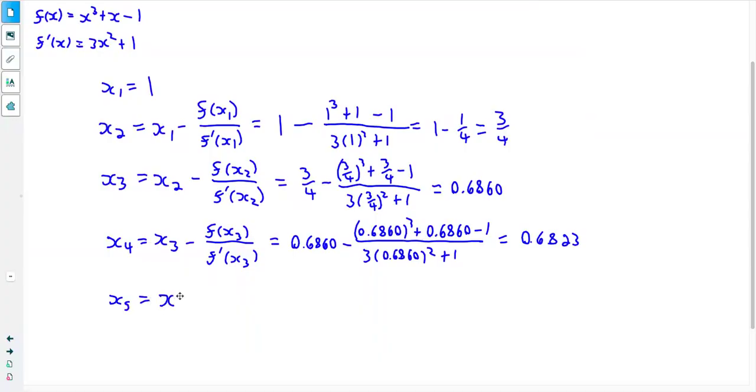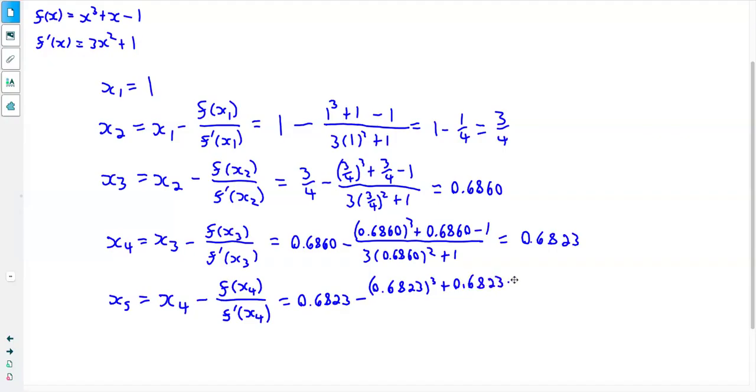Now our x5 would be x4 minus f of x4 over f prime of x4, which gives us 0.682 minus 0.682 cubed plus 0.682 minus 1 over 3 times 0.682 squared plus 1, and that's giving us 0.6823.